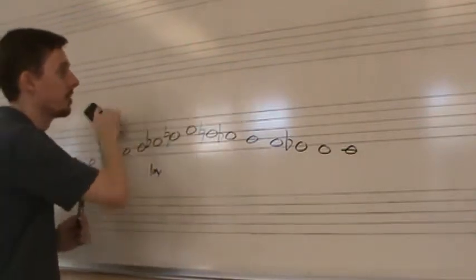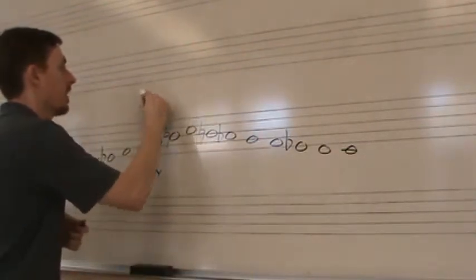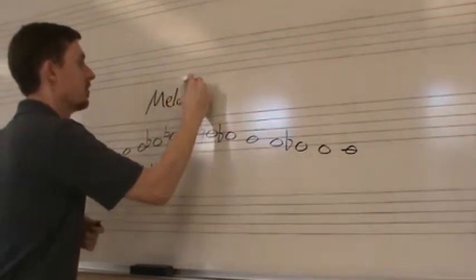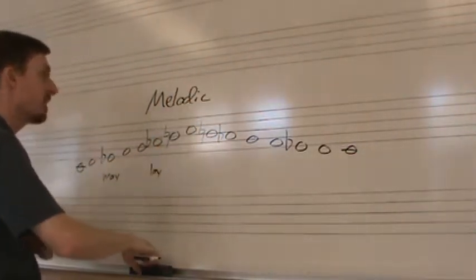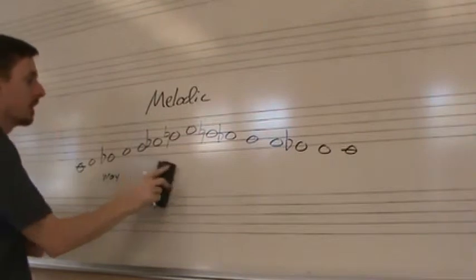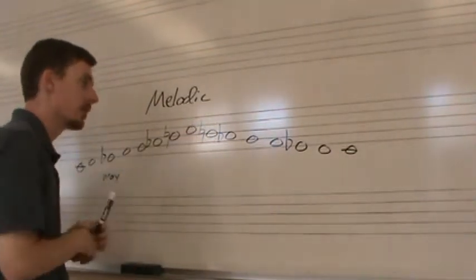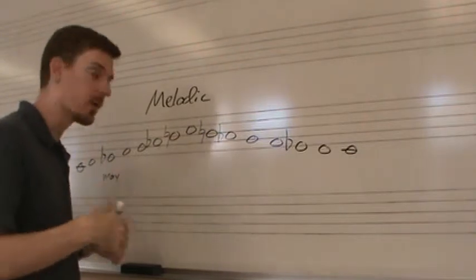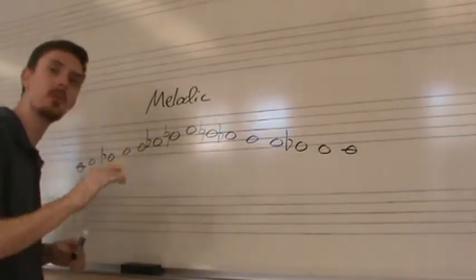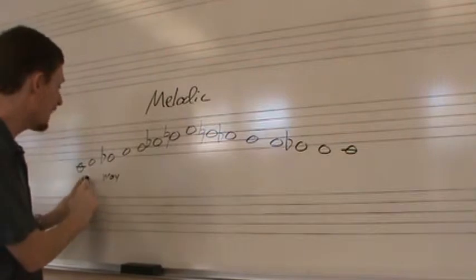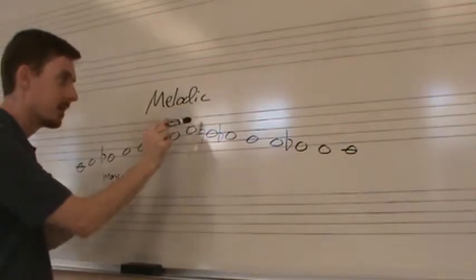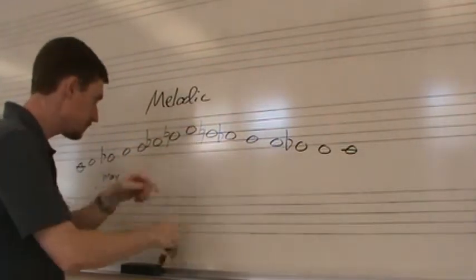Okay, and the final scale I want to show you is the melodic minor scale. Now this scale is similar again to the other scales because it uses the same lowered pitches, but it uses them in a different way. This scale is different ascending than it is descending.